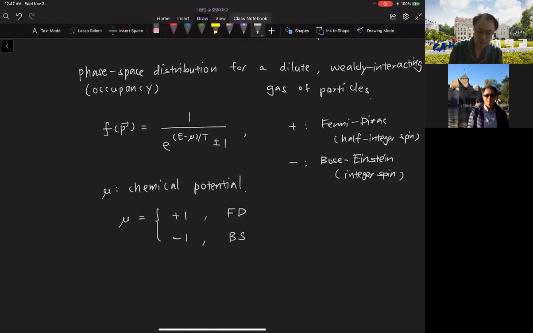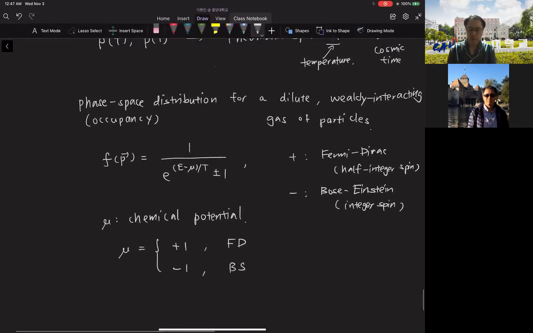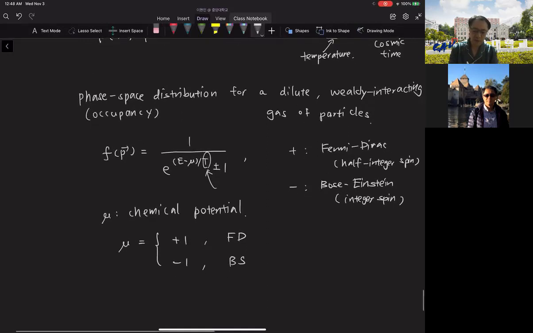For a gas of particles in equilibrium, we can determine the probability for a particle to be in a state with given energy and chemical potential.